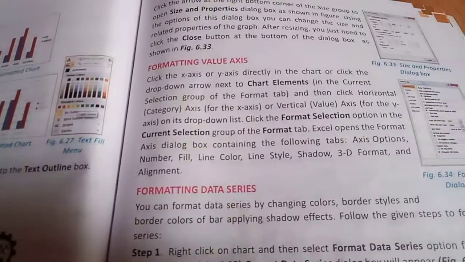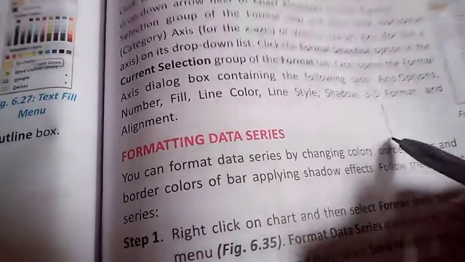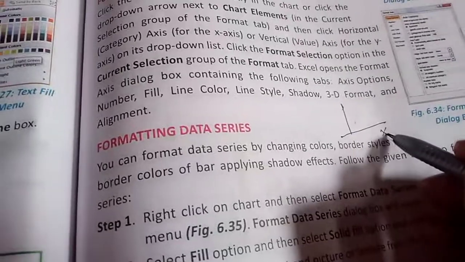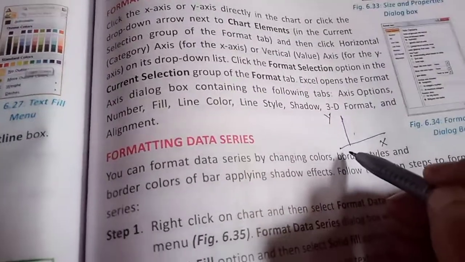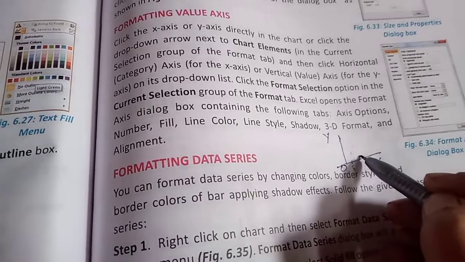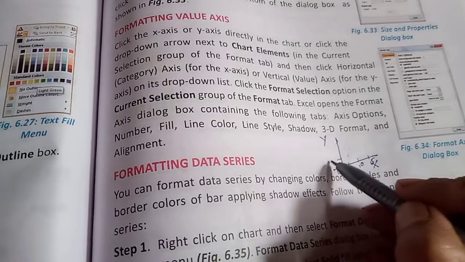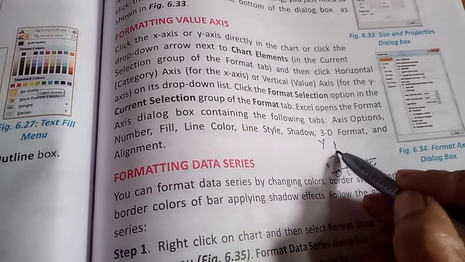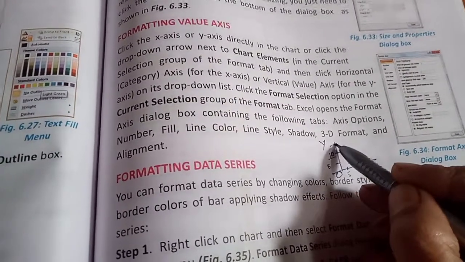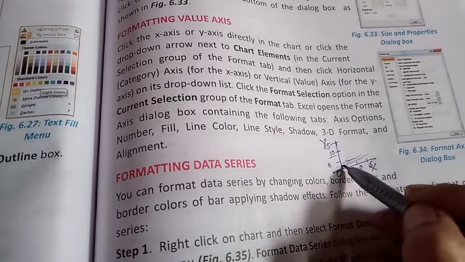Then formatting the value axis, x-axis and y-axis. This is the x-axis and this is the y-axis. Here it is 0. You can mark 5, 10, 15 like this, and here also 5, 10, 15. You can give 1, 2, 3, 4, 5 lines.